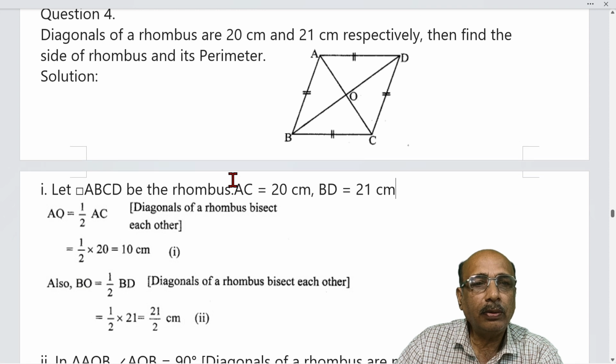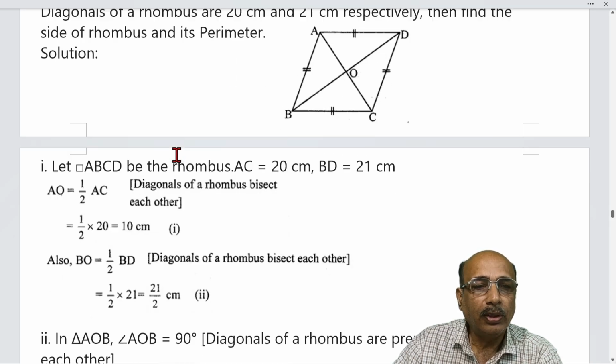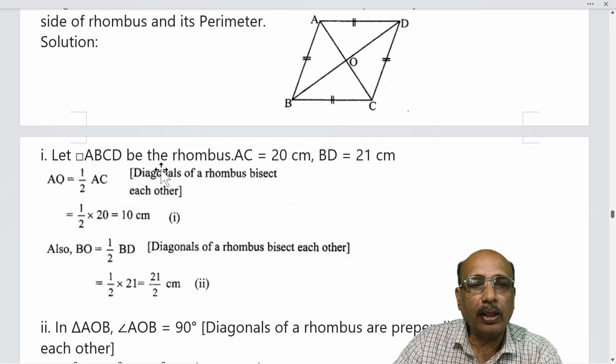Next, question 4. Diagonals of a rhombus are 20 centimeters and 21 centimeters respectively. Then find the sides of the rhombus and its perimeter. Let quadrilateral ABCD be the rhombus. Rhombus means all sides are equal and diagonals are perpendicular bisectors of each other.